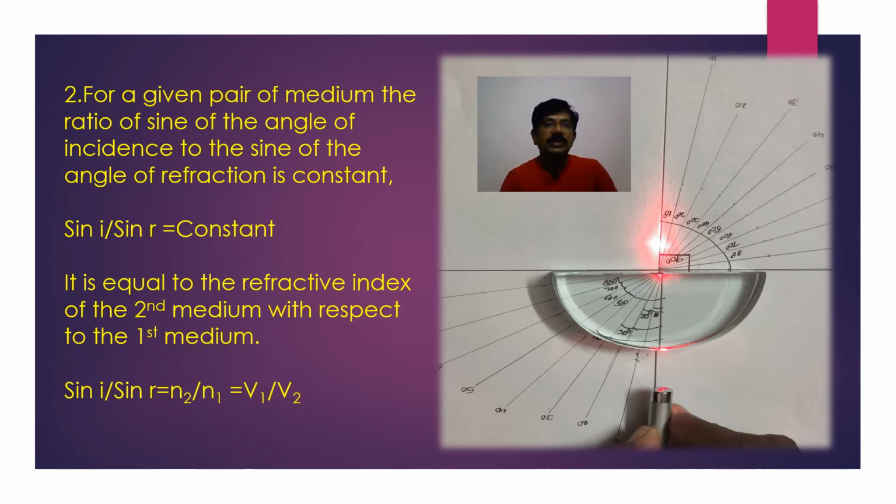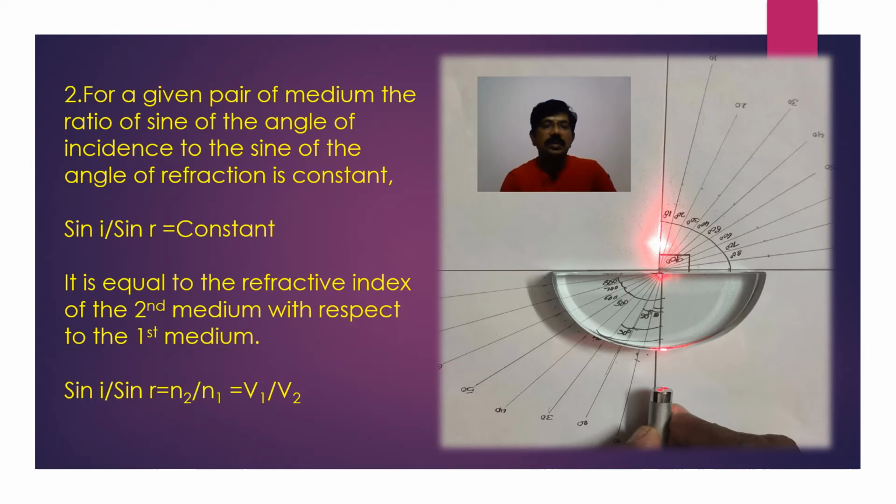That is, sin i by sin r is equal to constant. This ratio is equal to the refractive index of the second medium with respect to the first medium. This is denoted with n21, that is sin i by sin r. This ratio is always constant.